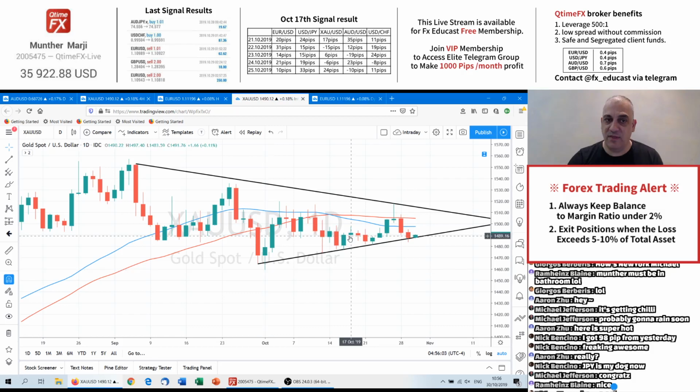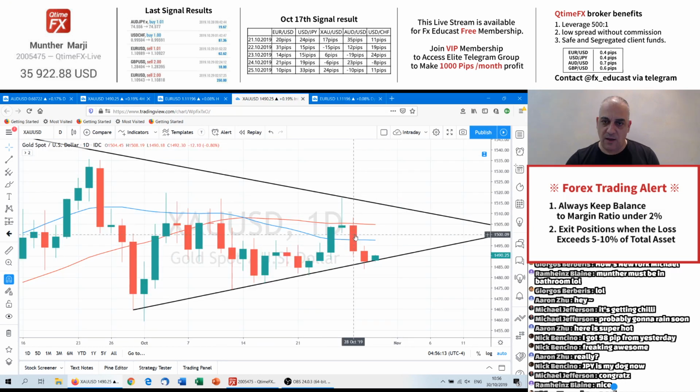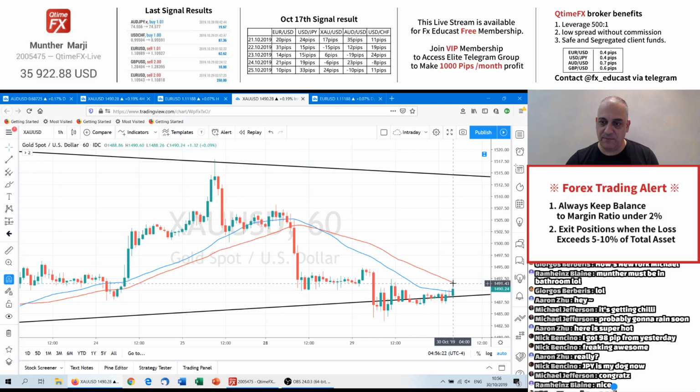Okay, now for the resistance, it's not as obvious because we do not have such an elegant trend line like this one on the upper side of this chart, but we can use our microscope and go to the hourly chart. And as you can see, of course, we talked about 91.7.